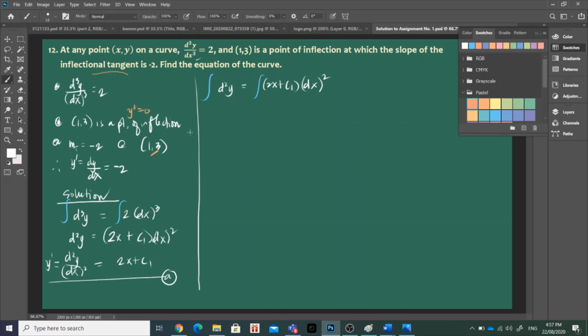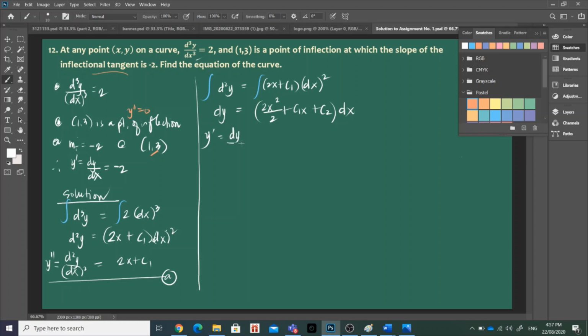Integrate lang. Matrabaho nga lang, pero madali lang. Okay, so 2x, apply power formula, plus c sub 1 x plus c sub 2 multiplied by dx, and then we arrange. So this is y, correction, this is y double prime, and this is y prime.